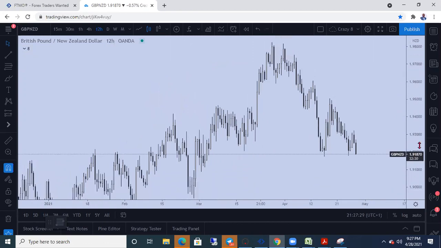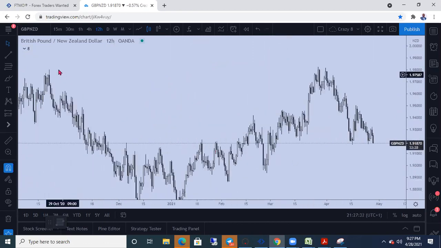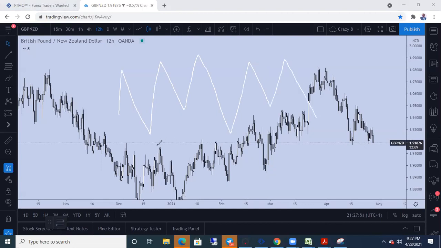So I mentioned earlier that you could use this for a ranging market, and you could use it for a trending market. So let's focus on a ranging market, something like this, right? In no particular order.